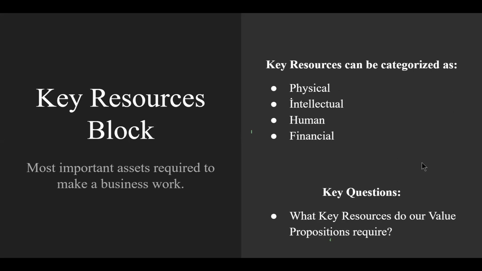and to reach the customers. So while writing down the key resources, you should just ask yourself what key resources do our value propositions, the value of the solution, the product we offer to the customers, require? What do we need? If you're doing something manufacturing, you're going to need money to work in the manufacturing part.